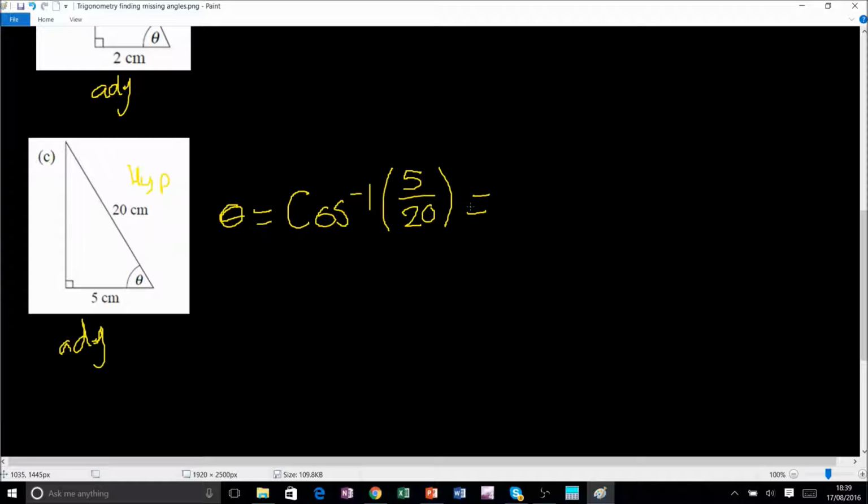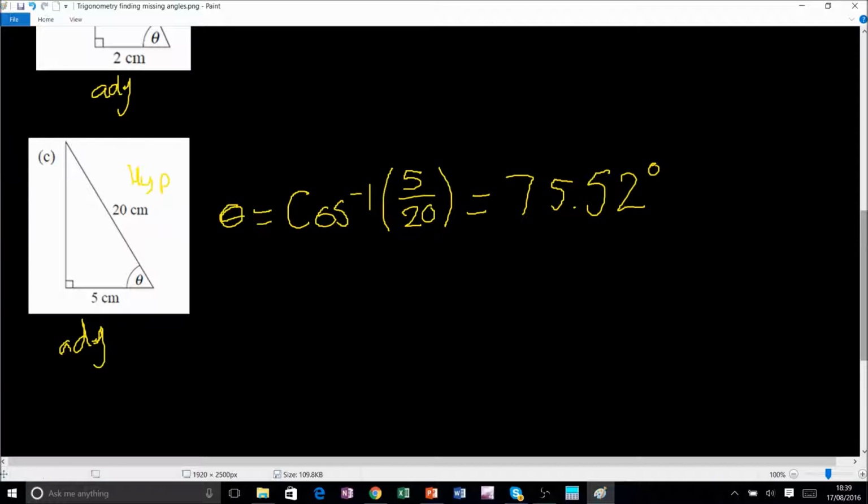If you put this in the calculator, we have 5 over 20, which gives us 75.52, rounded to 2 decimal places, and that is in degrees.